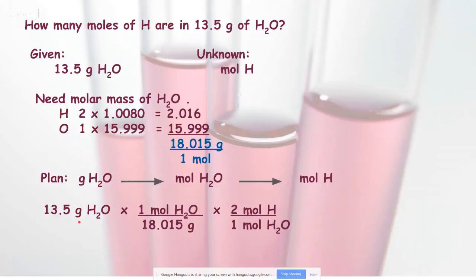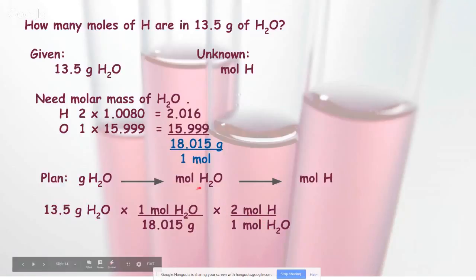Start with your given quantity, 13.5 grams of water, using the molar mass. Now you're going to flip it so that you have 1 mole of water on the top, 18.015 grams of water on the bottom. And then we're going to multiply by that mole ratio, the relationship of hydrogen to water, from the chemical formula.